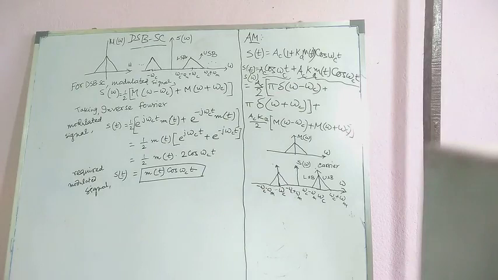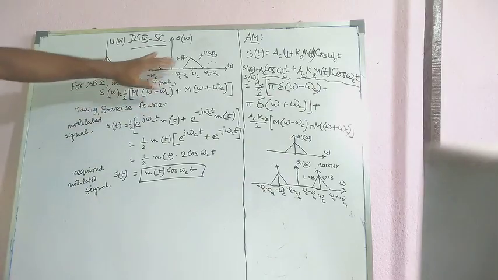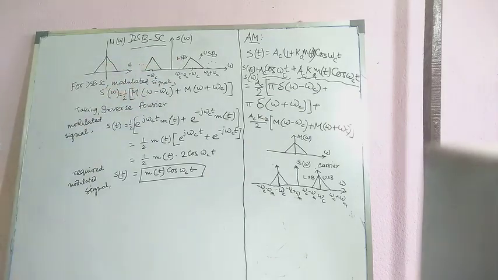So we have the necessity that you have to send the sidebands only, no carrier. I again repeat, no carrier means no discrete, separate, carrier-only part.